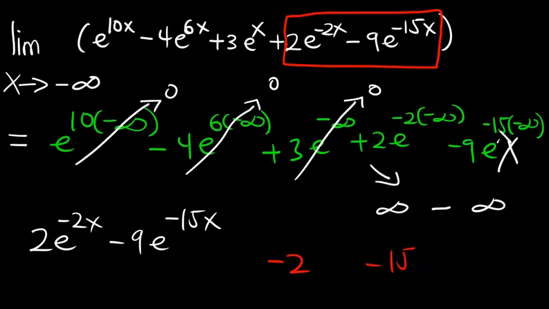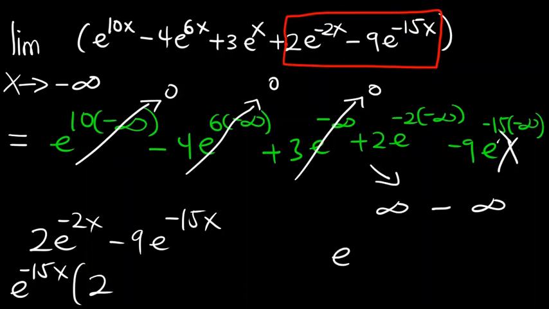So you're going to factor out the e to the power minus 15x. That's what you are going to do. Now let's do the factorization. You're going to have e to the power minus 15x here, and then bracket open 2. So let's look at what you're going to do. You're going to have e to the power minus 2x divided by e to the power minus 15x.